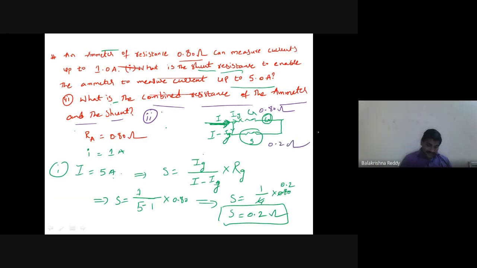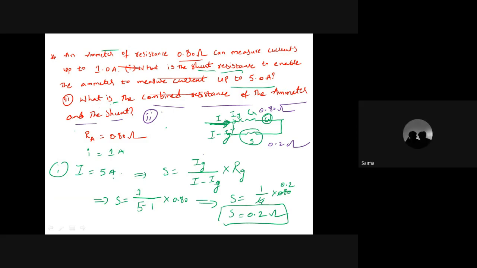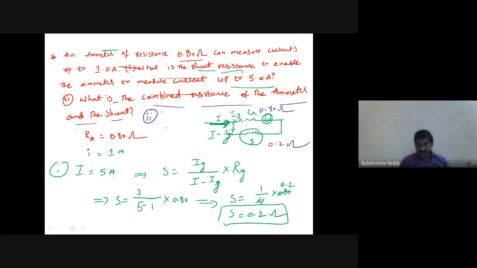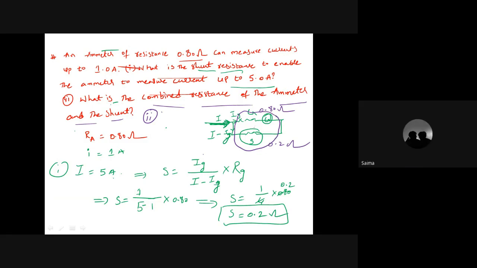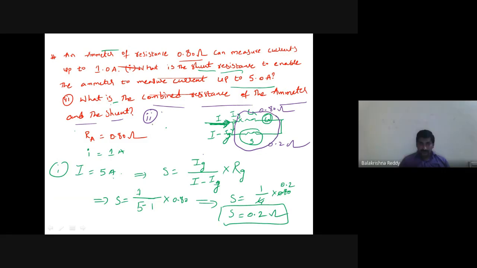Since they are in parallel connection, the total resistance is 1 by R equal to 1 by S plus 1 by Rg.